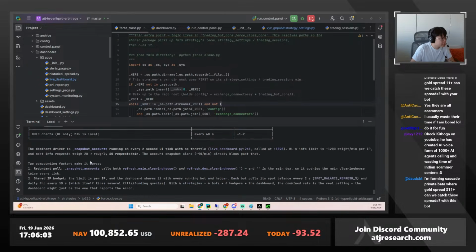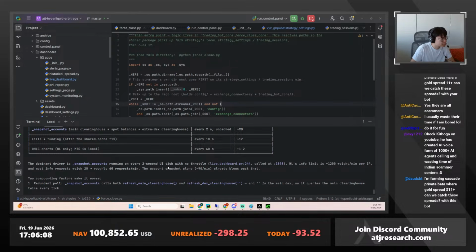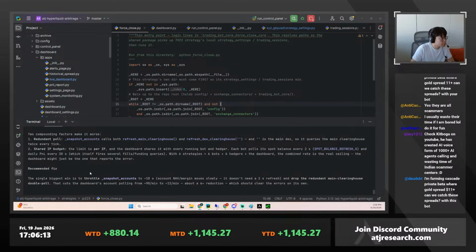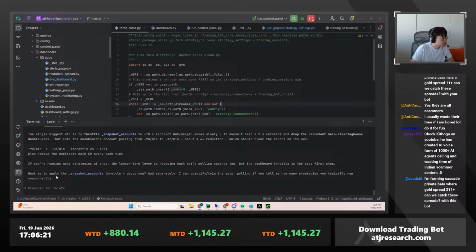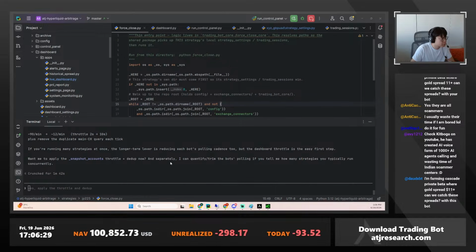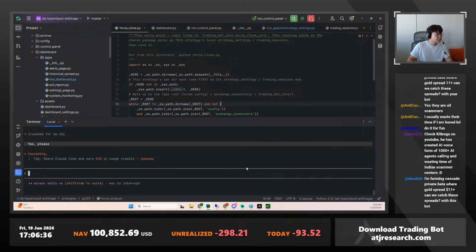Okay, so here we have the reason why we might get rate limited. We reduce the snapshot counts to once per 10 seconds. Yes, please. So here we're just reducing the number of requests so we don't hit our rate limits.